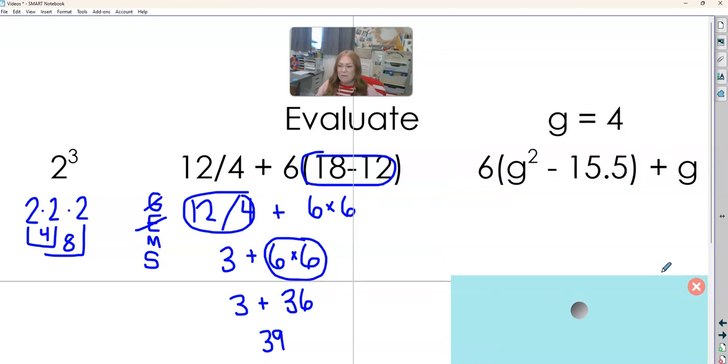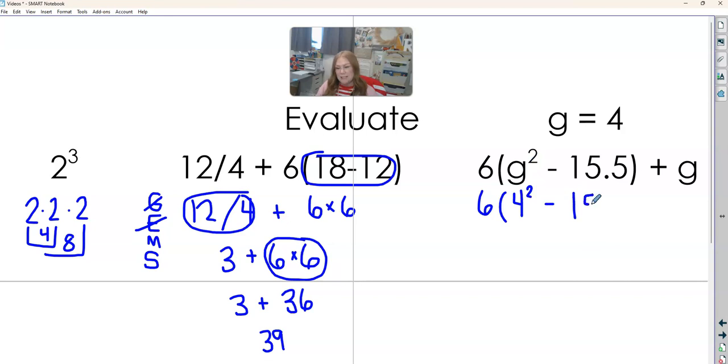Okay, our last one of these practice for evaluate tells us that G equals 4. So anytime we see a G, we just want to plug that 4 in. So we really have 6 groups of 4 squared minus 15.5, close the parentheses, plus G is 4.